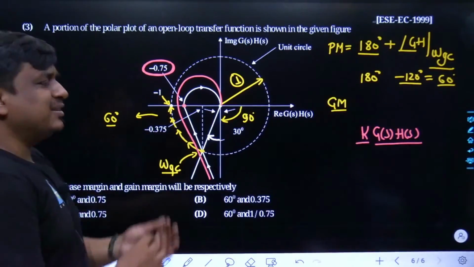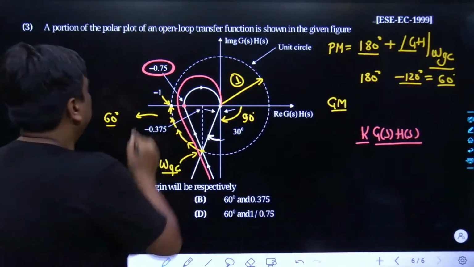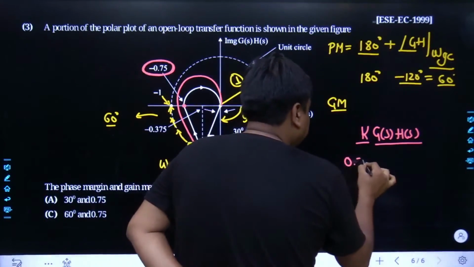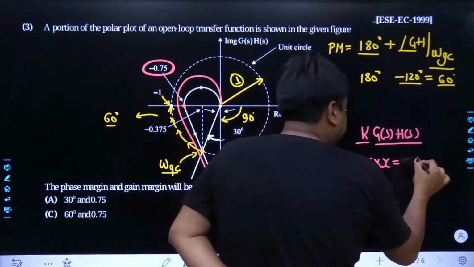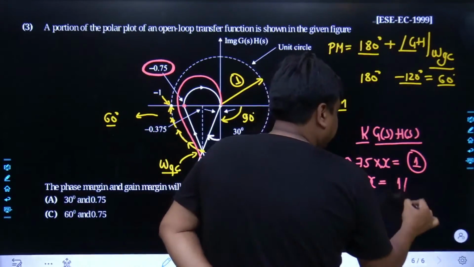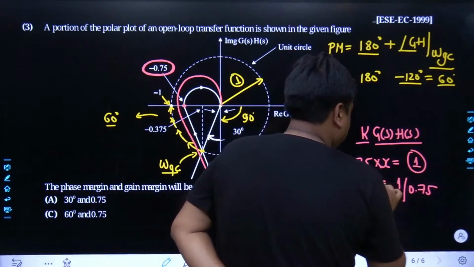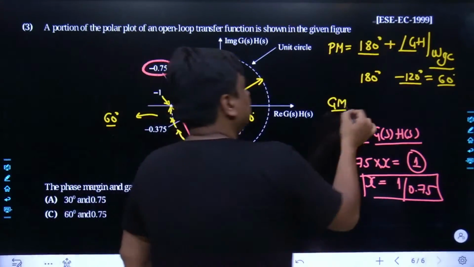So may I know when the system would just come to the verge of instability? 0.75 has to be multiplied with a certain factor such that the result becomes exactly 1. So what would that factor be? It would be simply 1 divided by 0.75. How much gain margin is left out?